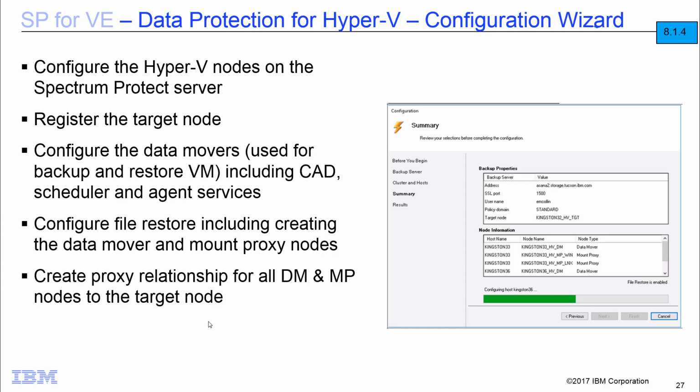It allows you to configure the file restore, including creating the data mover and mount proxy nodes on the Spectrum Protect server, and also creating all the proxy relationships on the Spectrum Protect server for the data movers and the mount proxies.